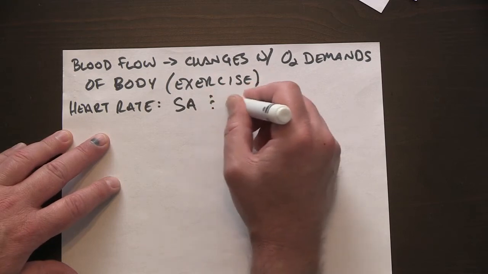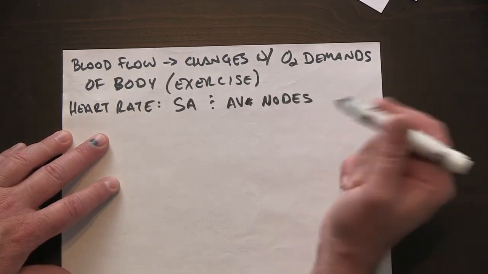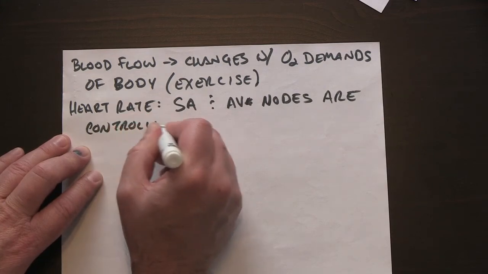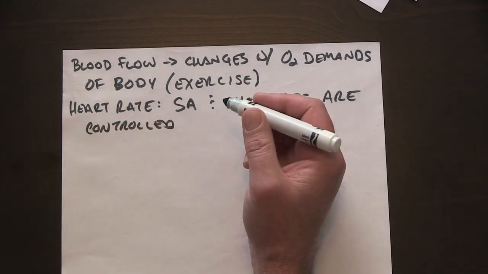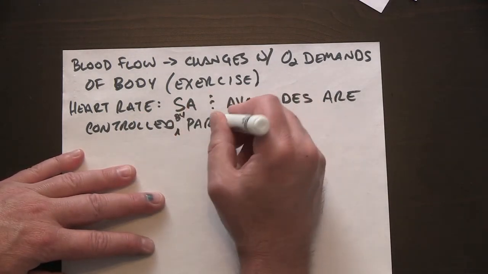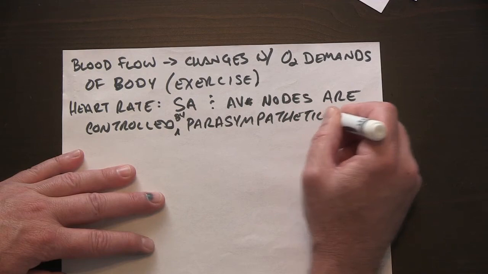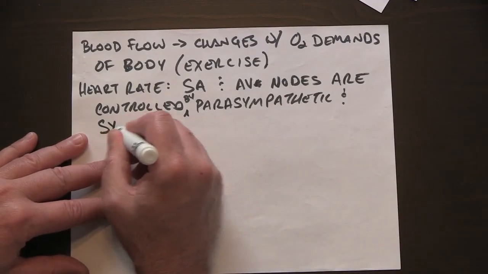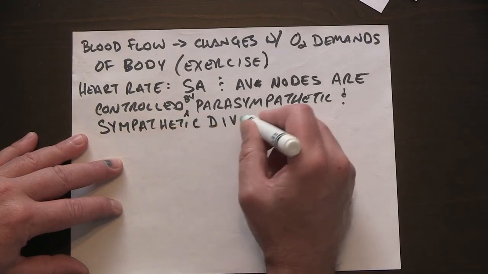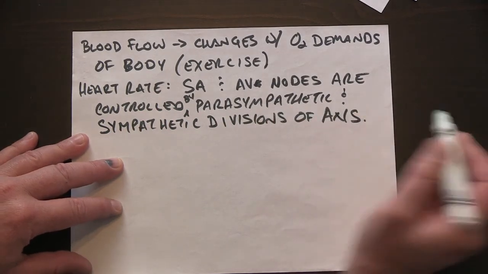The SA and the AV nodes are controlled by parasympathetic and sympathetic divisions of the autonomic nervous system. As I know you remember.